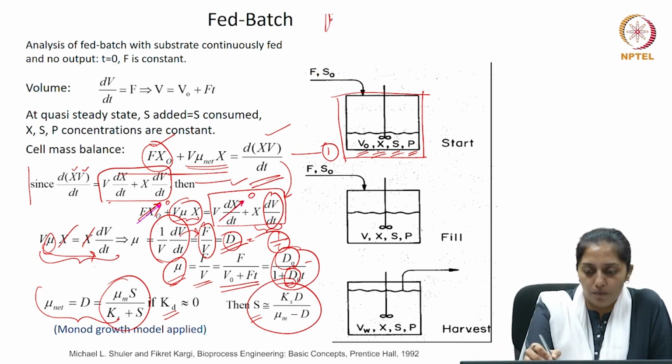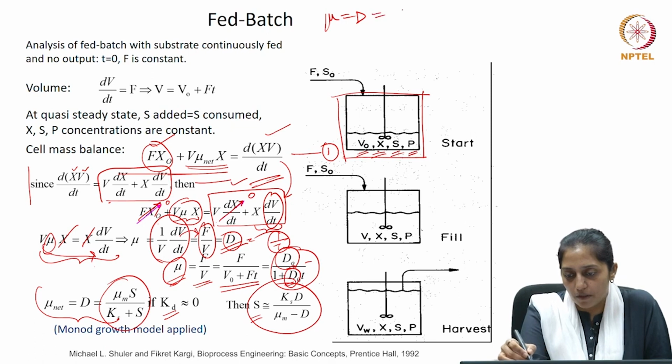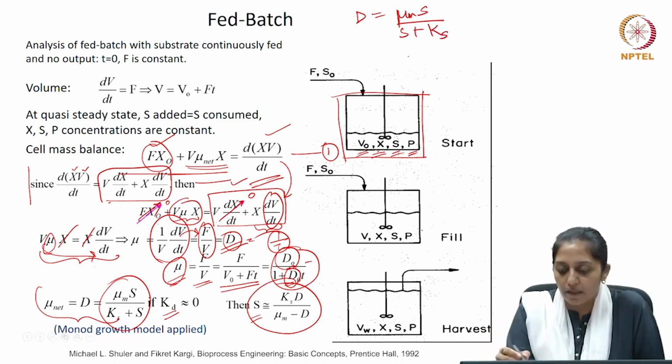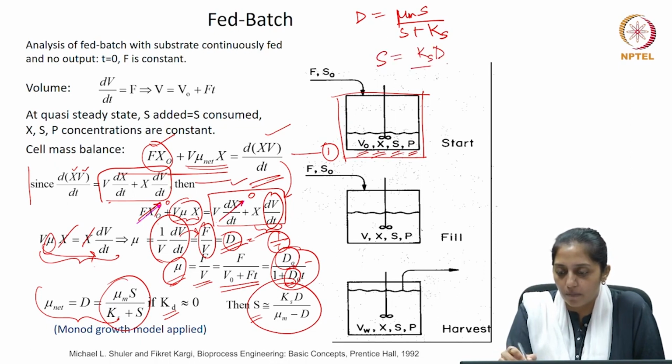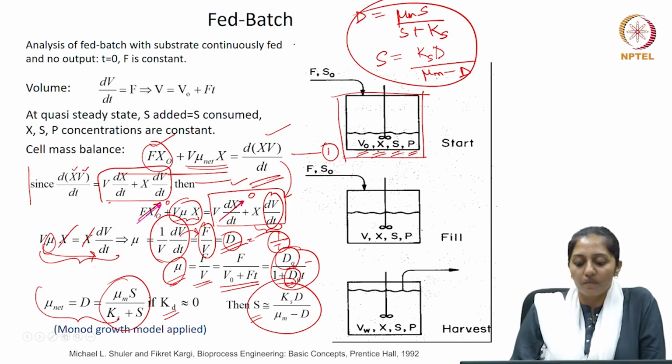Here mu is equal to D, which, if it is following Monod's kinetics, is mu m S upon S plus Ks. If we do the rearrangement, then S will become equal to Ks D upon mu m minus D. This is what is given here.